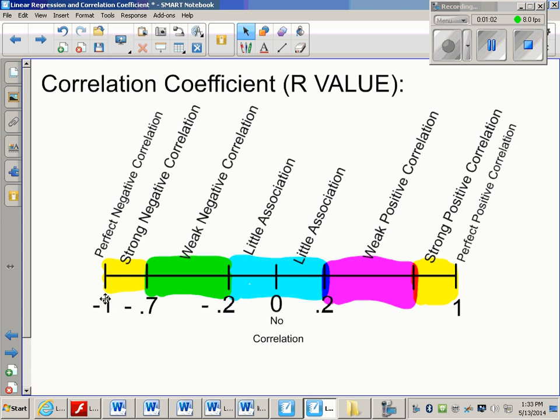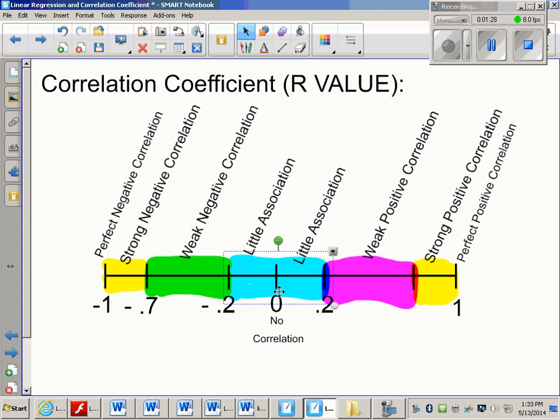If your r value is between -1 and -0.7, that would be a very strong negative correlation. If you're between -0.7 and -0.2, it would be a weak negative correlation, meaning if you had plotted your points, the line would go downhill, but it's not a super strong correlation. Likewise, you have weak and strong positive correlations if you have an r value that's positive.